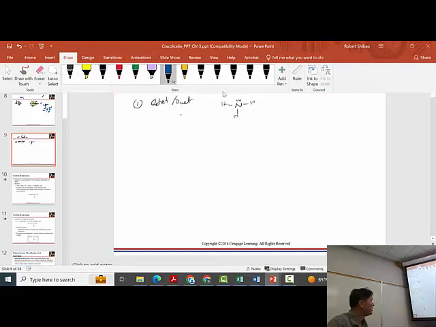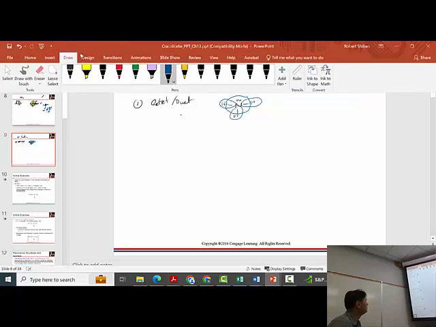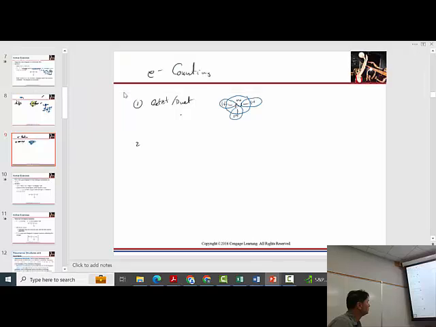We count the octet, duet. So this nitrogen has an octet, and these hydrogens have a duet. This lone pair belongs just to that nitrogen. The next way we count it is by a formal charge.